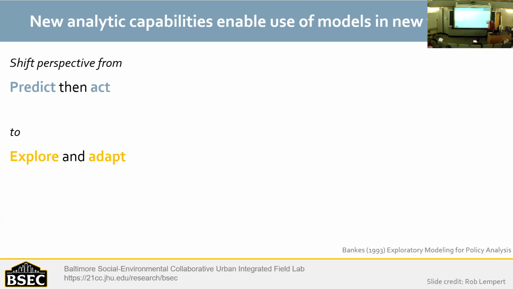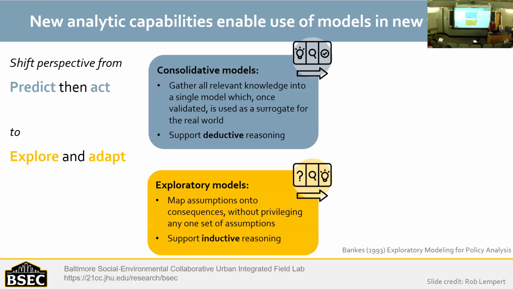So this is really a shift in how we use models. Typically in a lot of traditional natural sciences or engineering, we use models in a consolidative fashion, where we put together the best available knowledge, we package it in a model, and we use it to predict things as if it's the most ideal representation of the world. So we understand they're limited, but we use it to predict things. So it's a form of deductive reasoning.